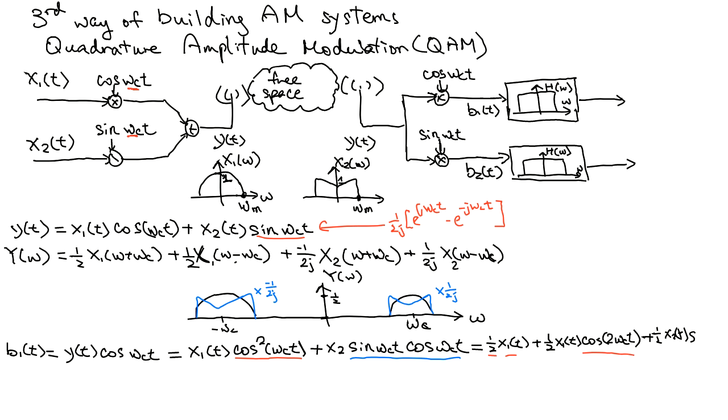Sine of 2 omega ct. Sorry, handwriting is getting bad. Let me just write it properly. Plus half x2 sine 2 omega ct. That's because sine omega ct cosine omega ct is half of sine 2 omega ct.